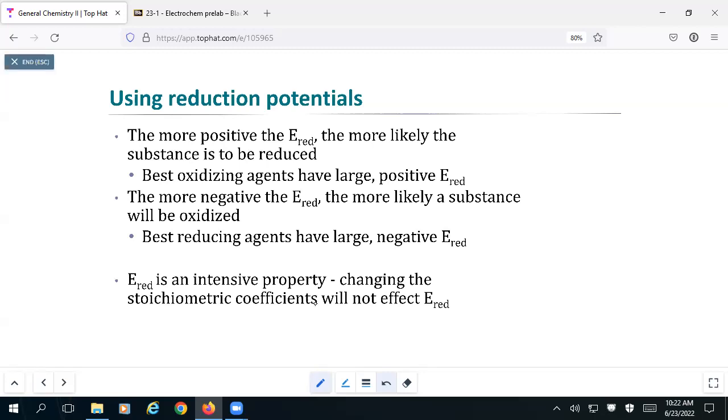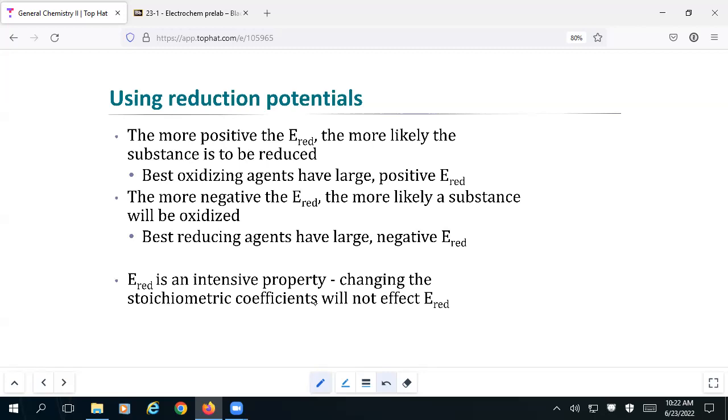The resulting E cell is going to be exactly the same. So I don't need to multiply the reduction potential by 3 or by 2 or whatever. What you see in this table is what you get. Doesn't matter what I multiply these coefficients by. The number here in the end is going to be the same regardless.